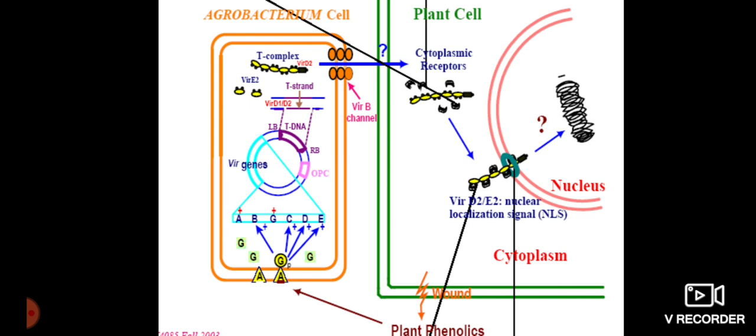Within the plant cell it will not be left as DNA alone within the cytoplasm. A number of other proteins will interact and carry it to the nuclear DNA.